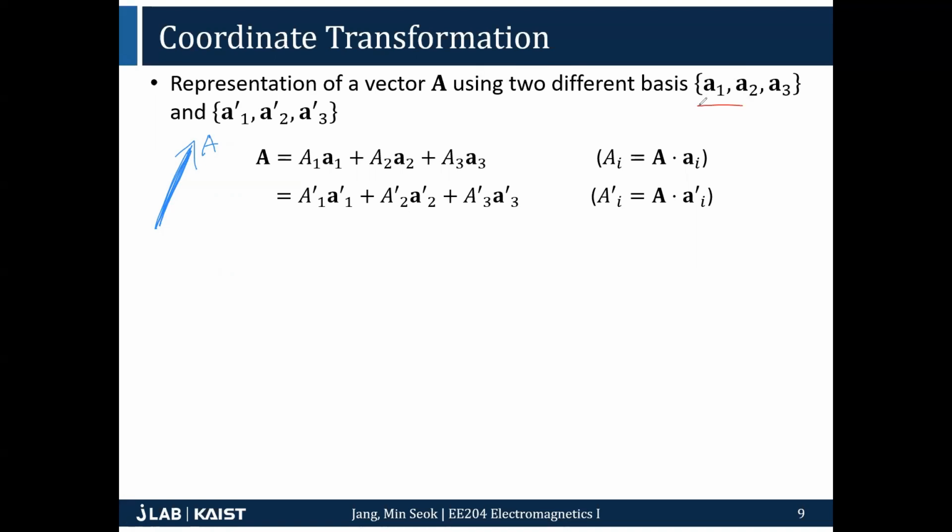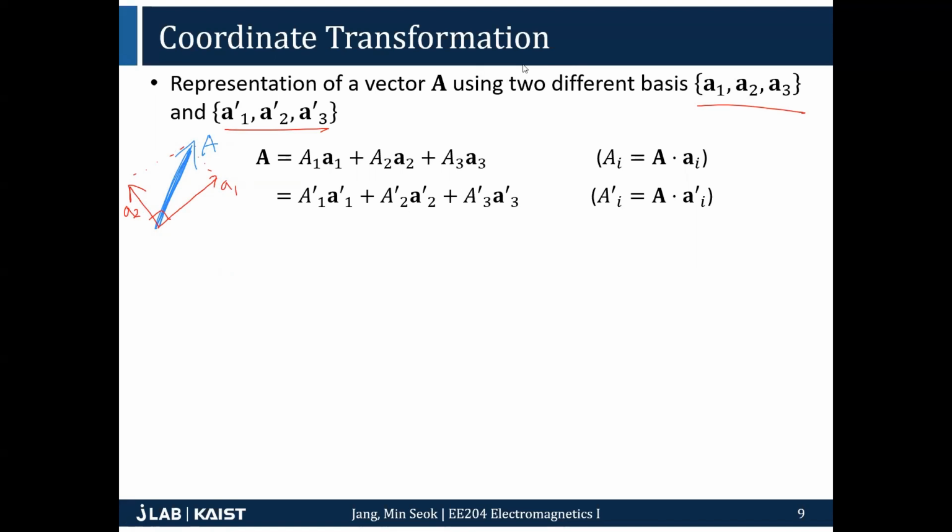One is the unprimed coordinate system, the other is the primed coordinate system. Let me schematically represent this. Let's say this is unprimed: A1 direction, A2 direction. So you see how to decompose this.